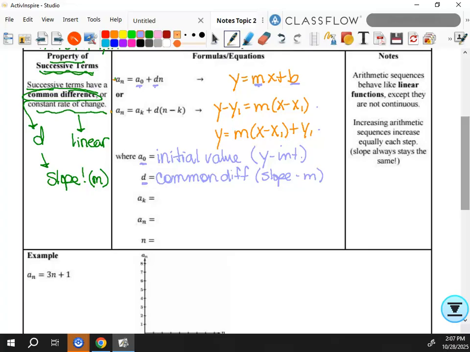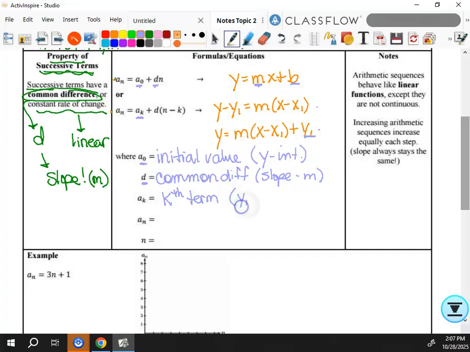All right, so then a sub k. That guy's right there. This is weird terminology, I know. But this is the kth term. So if I have a sub 5, it would be the 5th term. But that matches up with what over here? Y1.